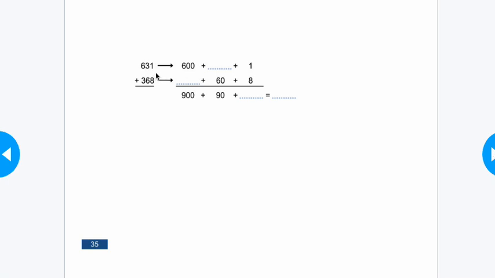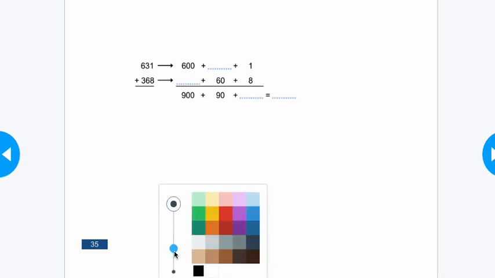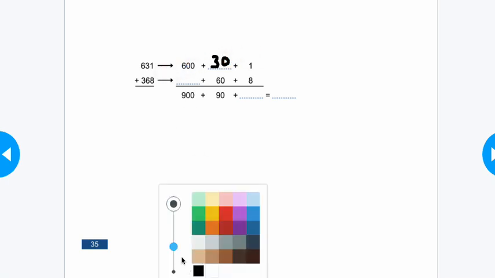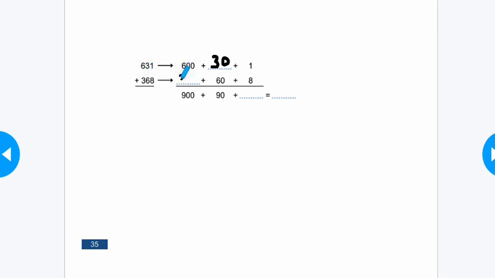All right. So right here with that number 631, I see that we can break it apart into 600 plus 30 plus 1, and the other number is 300 plus 60 plus 8.